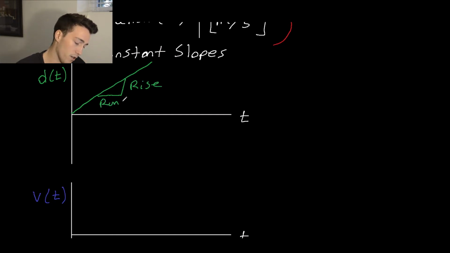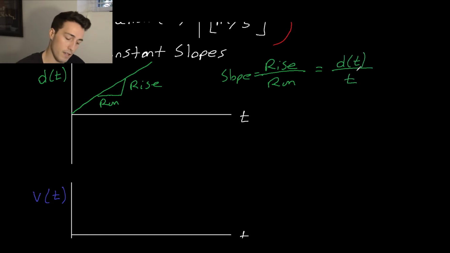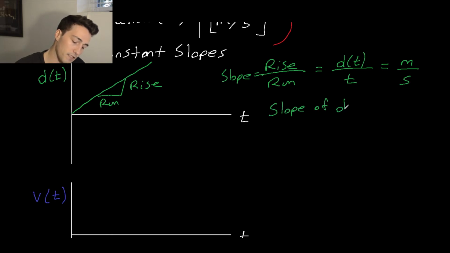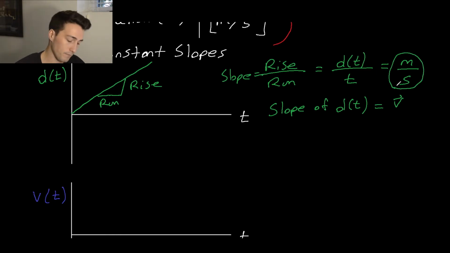In this situation, our rise is d of t over our run, which is time. If we look at the units of d, this is meters, and in time, we have seconds. So now we can say that the slope of a displacement versus time graph is equal to velocity, because velocity is in meters per second.